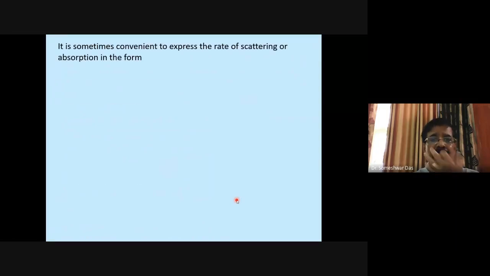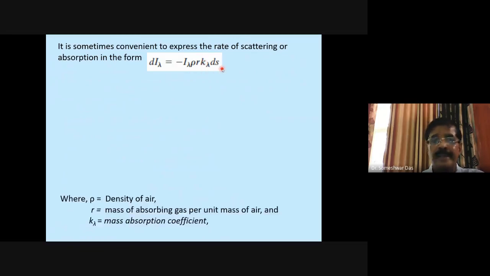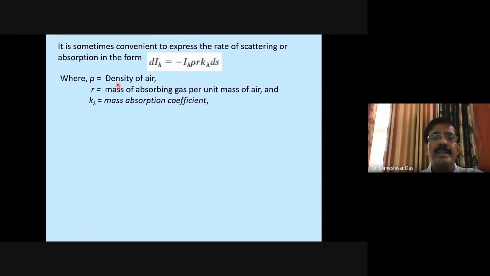Now, it is sometimes convenient to express the rate of scattering or absorption in the form dI_lambda is equal to minus I_lambda rho r k_lambda ds, where rho is the density of air, r is the mass of the absorbing gas per unit mass of air, and k_lambda is the mass absorption coefficient.